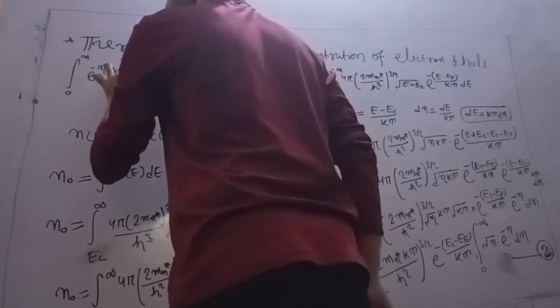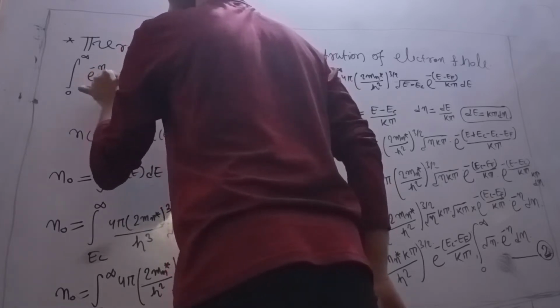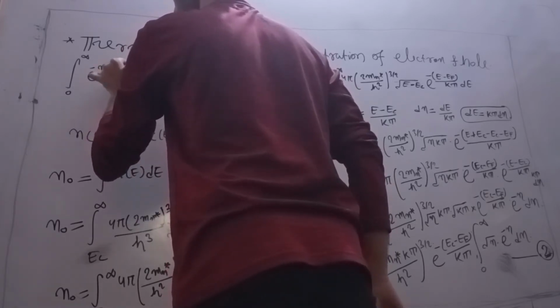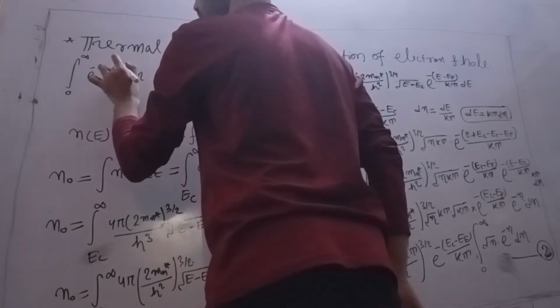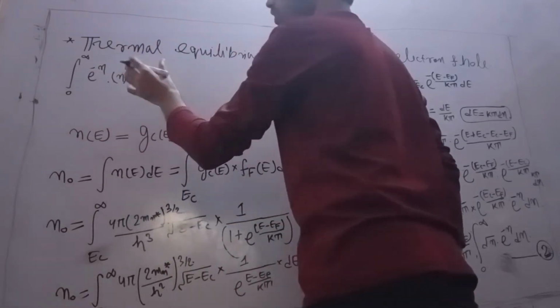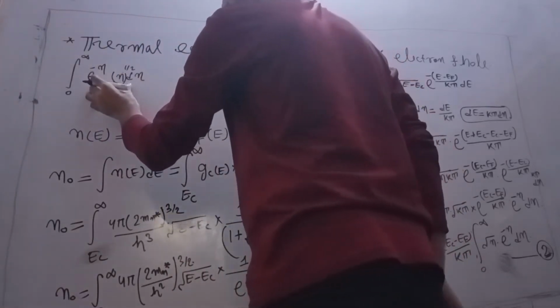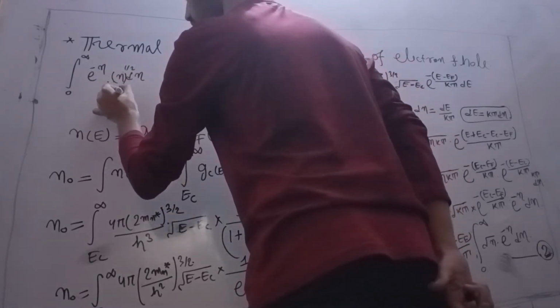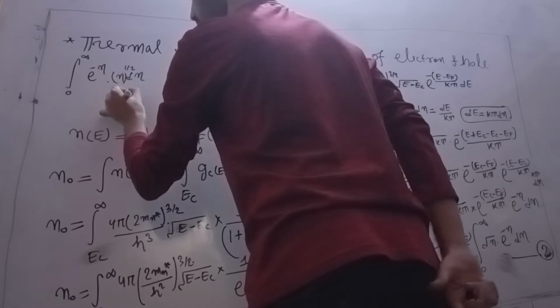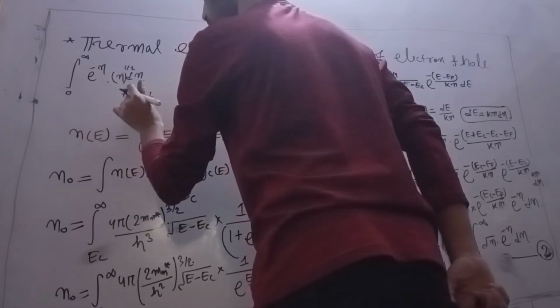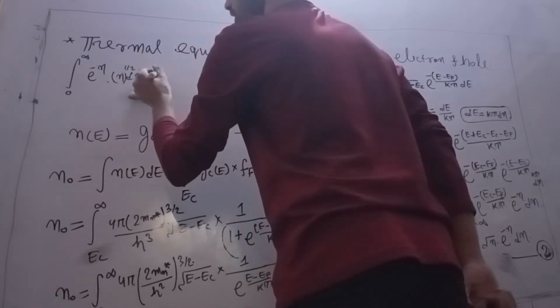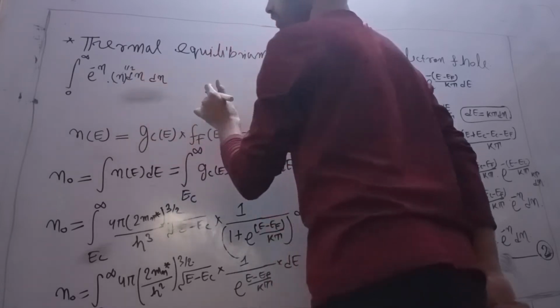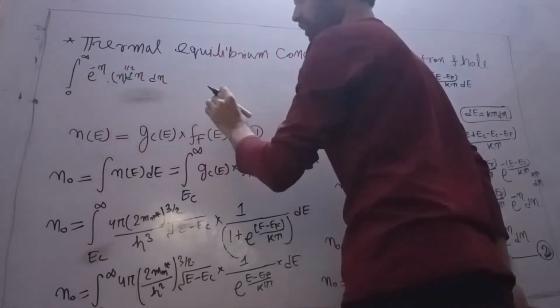So what is this? It is nothing but, you can write it as eta to the power 1 by 2. This is the gamma function. What is the value of gamma? Here n minus 1 is equal to 1 by 2. So this is d eta. This is nothing but the gamma function.